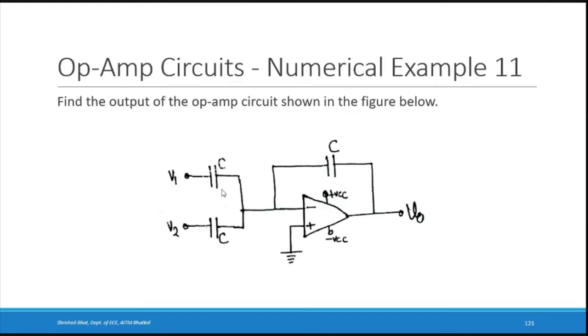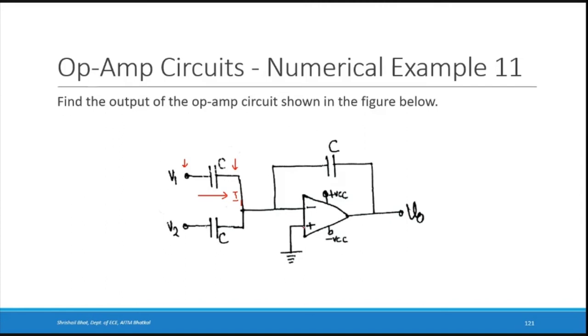So I1 should be C multiplied by the rate of change of voltage across this. At this particular point, what is the voltage? V1. At this particular point, what is the voltage?